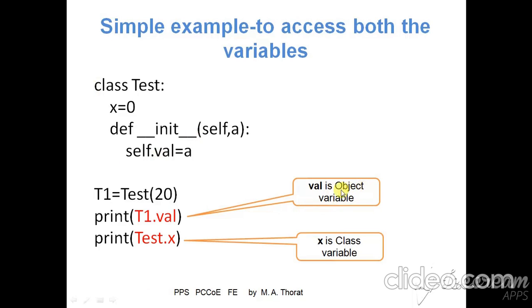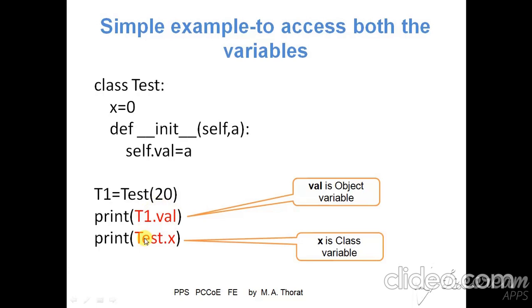To access the object variable we need an object of the class, which is t1. If we write t1.val, it will access val which is the object variable and display the value of t1.val. It will display the value of val which is part of the t1 object, so it will display 20.